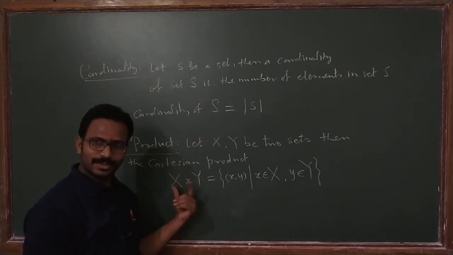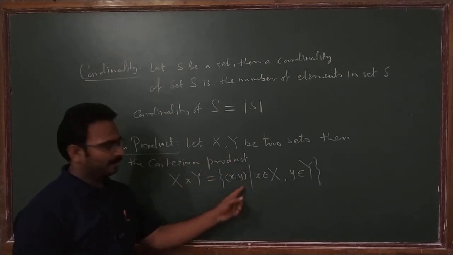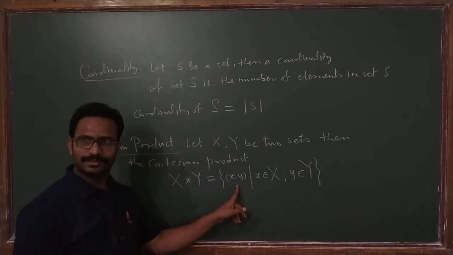So x cross y, the Cartesian product of x and y, will be the collection of such elements.